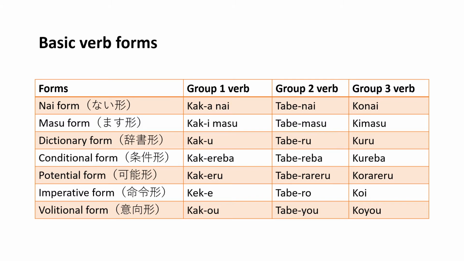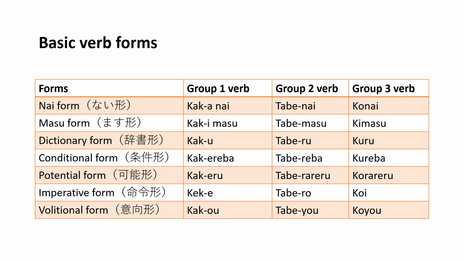Mas form is 書きます. Dictionary form is 書く. Conditional form 書ければ. Potential form 書ける. Imperative form 書け. Volitional form 書こう.